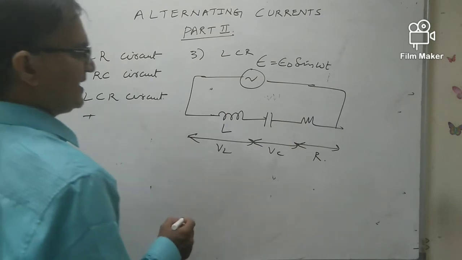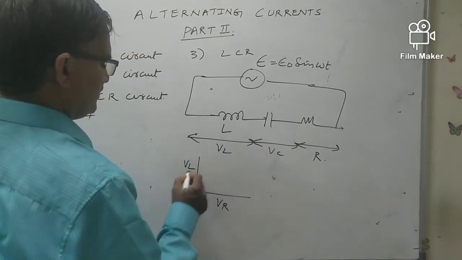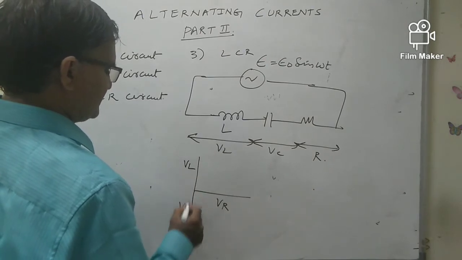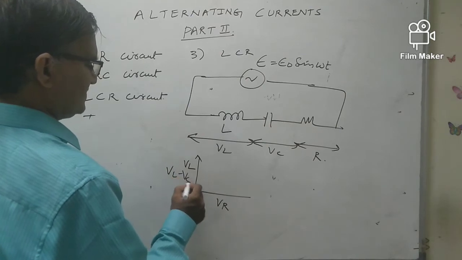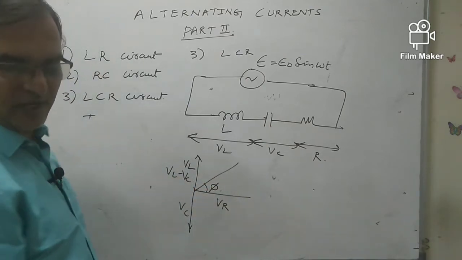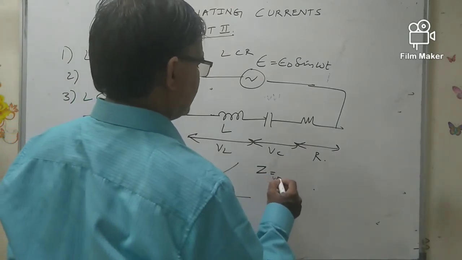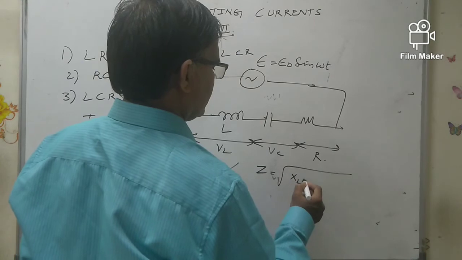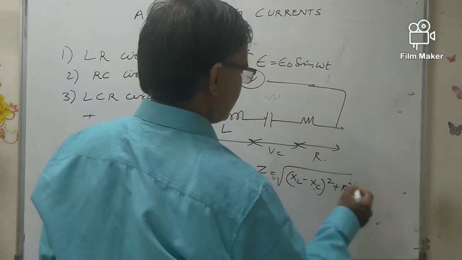The LCR circuit phasor diagram will be like this: VR, VL and VC. These two are in opposite phase, so you can write VL minus VC. Phi is the phase angle. Now the impedance Z is root over XL minus XC whole square plus R square.